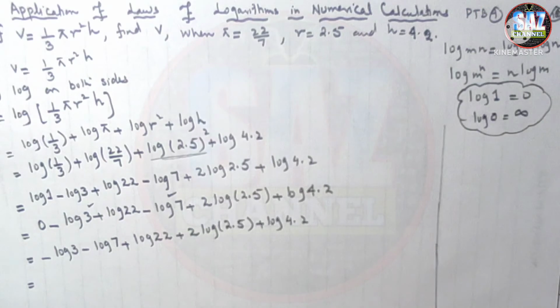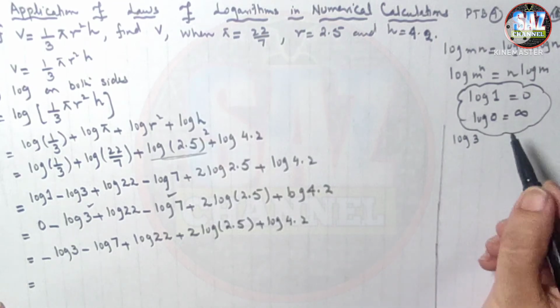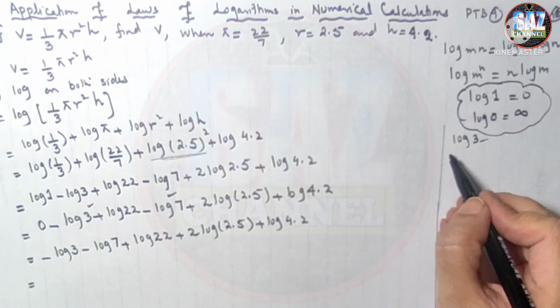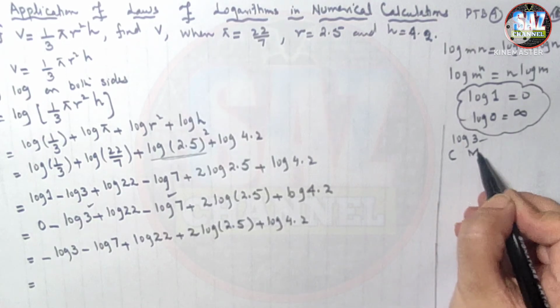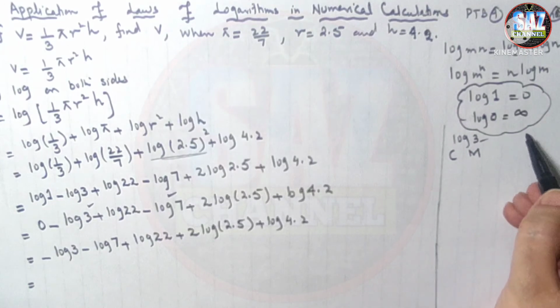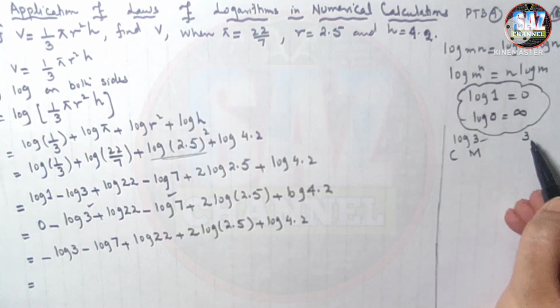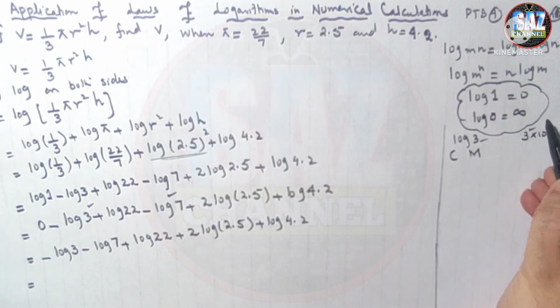The first number for which we have to find the log is log 3. So we know that log of any number consists of, students, how many parts? Characteristic and mantissa. For characteristic, either you can write the number in scientific notation with a single digit, so the scientific notation is 3 into 10 raised to the power 0.